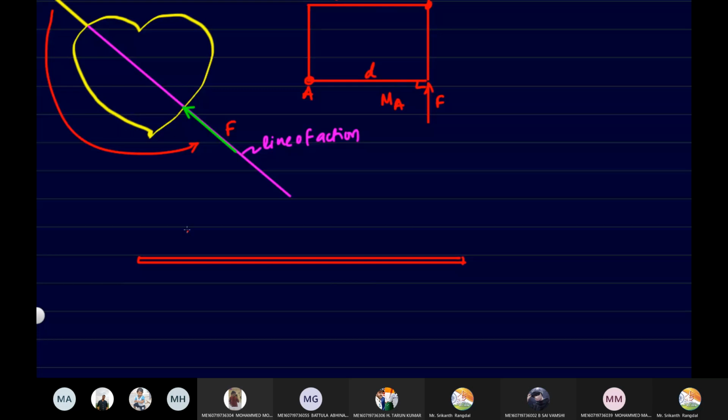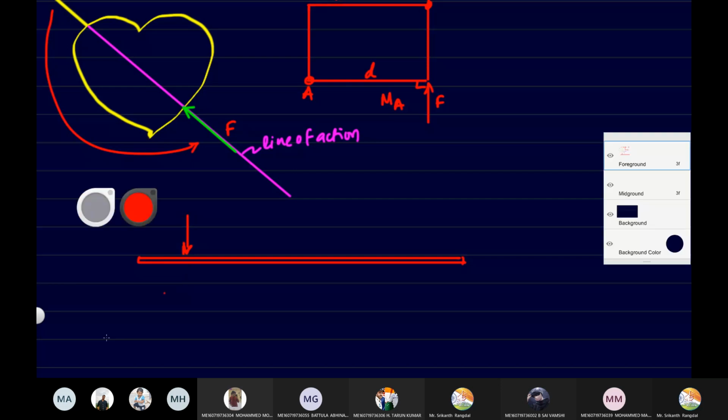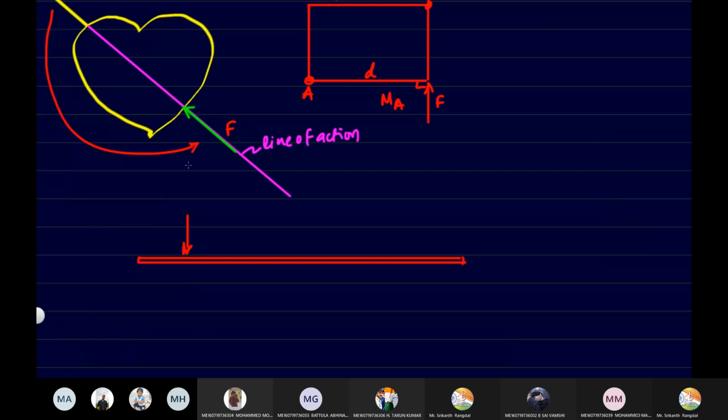Yes, you can use it. But there is no other point to apply it, right? Along the line of action only you can transmit it. So you can transfer the force anywhere on the line of action. So instead of pushing the beam, you can pull it from down. That is the only thing you can do.